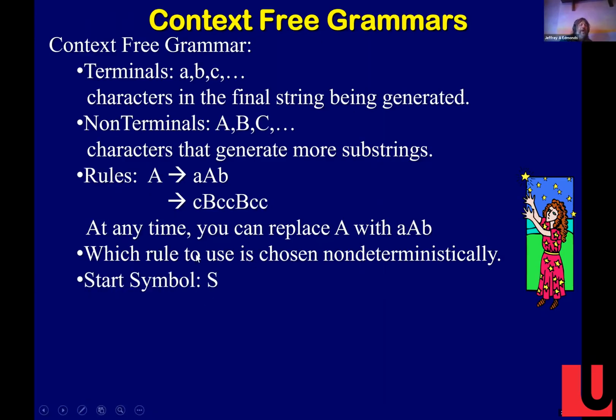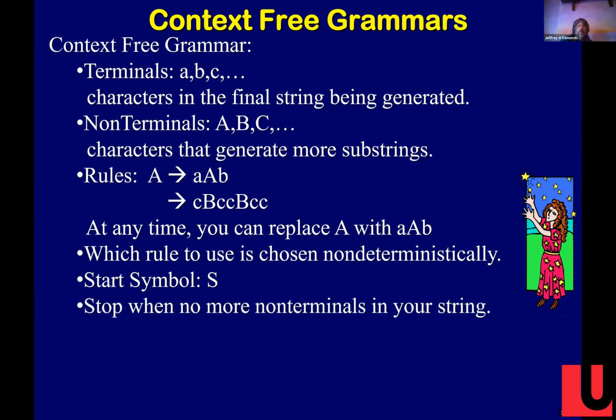A grammar also has the start symbol, the start non-terminal. So in our last example, we were starting with expression, right? And when do we stop? We stop when there are no more non-terminals, when we only have characters from the alphabet, all right? So what are various grammars? There's a grammar for English. There's a grammar for Java.